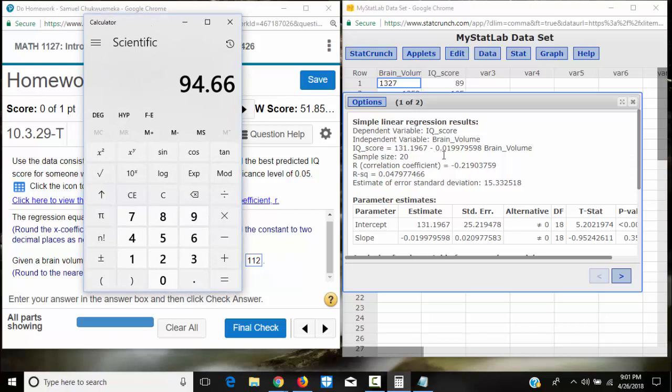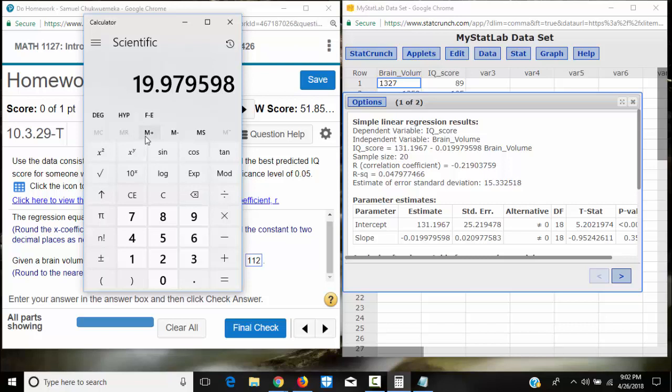So if I do, let me clear this, 0.01997 9598 times 1000 equals.